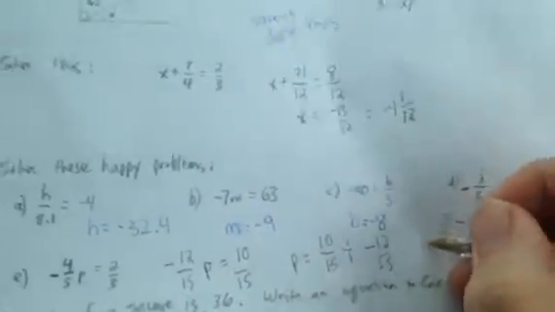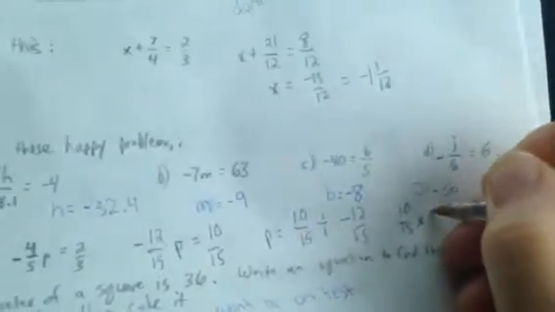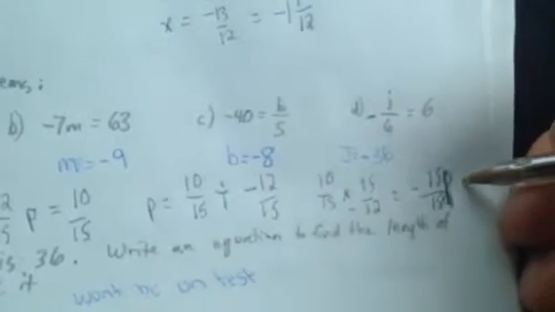So it would be 10 over 15 times 15 over negative 12. And then you just go, that's 150 over whatever that is, and it's negative. So it equals negative 150 over whatever 12 times 15 is. This is 150 plus 30, it's 180. I think. That's your answer, 150 over 180. 3 goes into that 5 times, 3 goes into that 6 times, so it's negative 5/6.